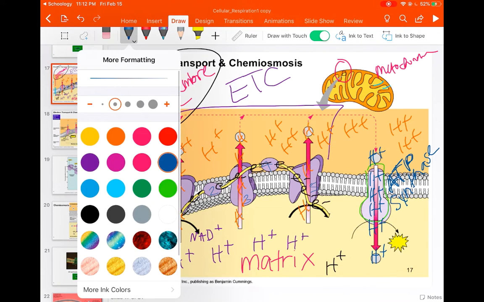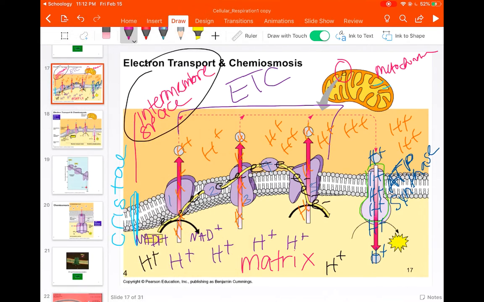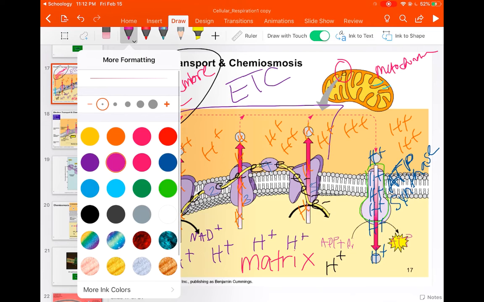So I'm going to do that in a different color for you guys so you can see it. All right, so right here we have ADP plus inorganic phosphate making ATP. I'm going to bold that.